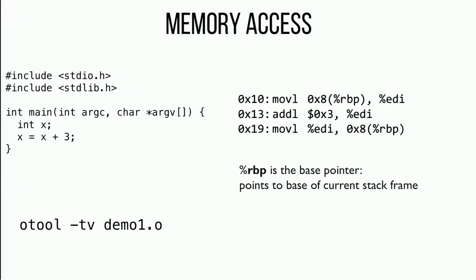And we're looking at something 8 away from the base pointer. And that's where X has been allocated. So we move the contents of X into a register. Then we add 3 to the value that's in the register, and then we move the new value in the register back off into the stack here, right? Okay, so that's some assembly code.